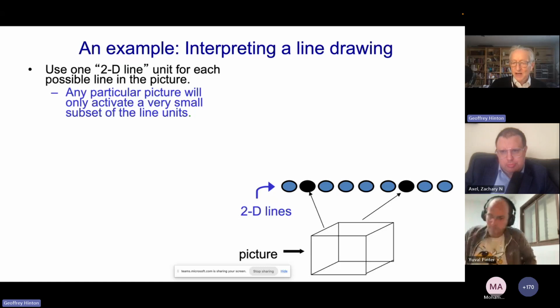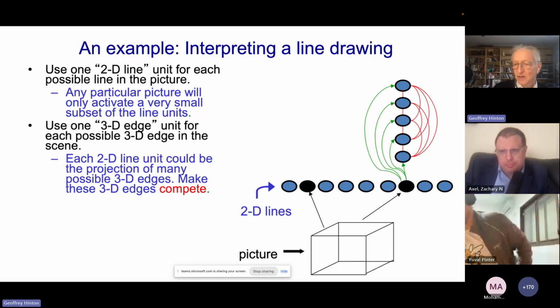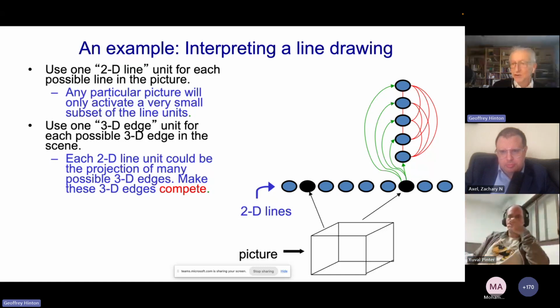And then for each of these lines, we can have a bunch of 3D edges. And these edges should compete. So those green arrows are connections with positive weights that say if you see that line, you should try and activate all of these 3D edges. And the red lines are connections with negative weights that say each of these edges will inhibit all the other edges.